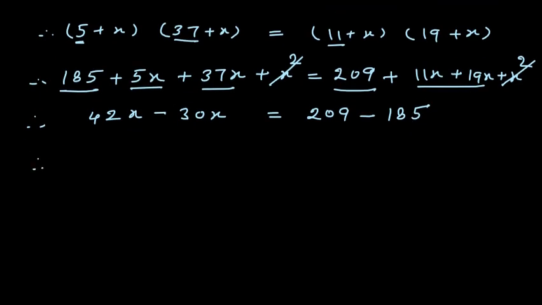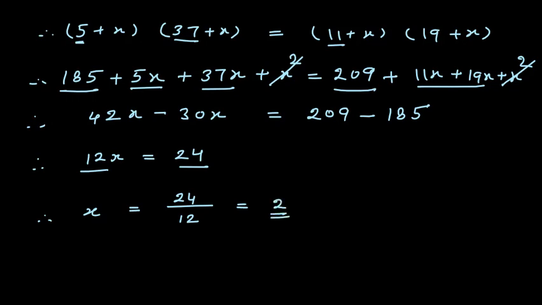So therefore now 42 minus 30 is 12, so I will get 12x is equal to 9 minus 5 is 4, then 10 minus 8 is 2 and here 1 minus 1 is 0, 24. 12x is 24, therefore the value of x is 24 divided by 12 is equal to 2.